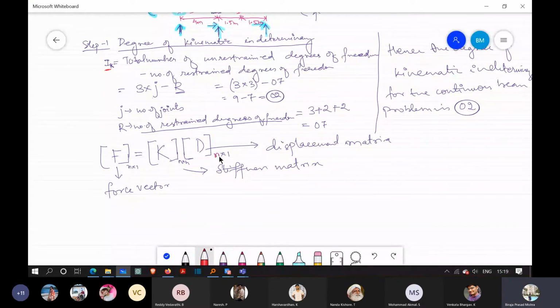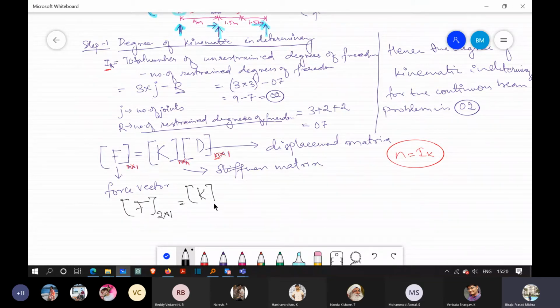I'm writing it in red once again: n cross 1, n cross n, and n cross 1. Now what is this n? n is ik, so n equals ik. This means that for this current problem, F will be a matrix of size 2 cross 1, K will be a matrix of size 2 cross 2, and D, that is the displacement matrix, will be of size 2 cross 1.